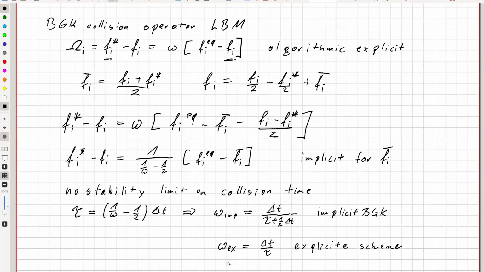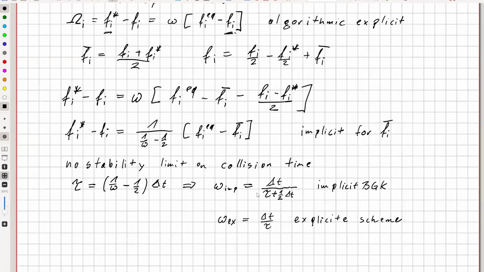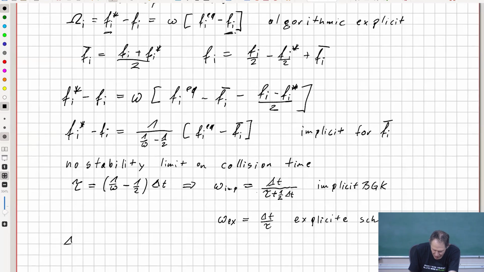If you have to resolve the collision frequency with your BGK equation and your tau is much, much smaller than delta t, you see that this gets very, very large. You multiply this non-equilibrium part by a very large value, and you can imagine this could be difficult.